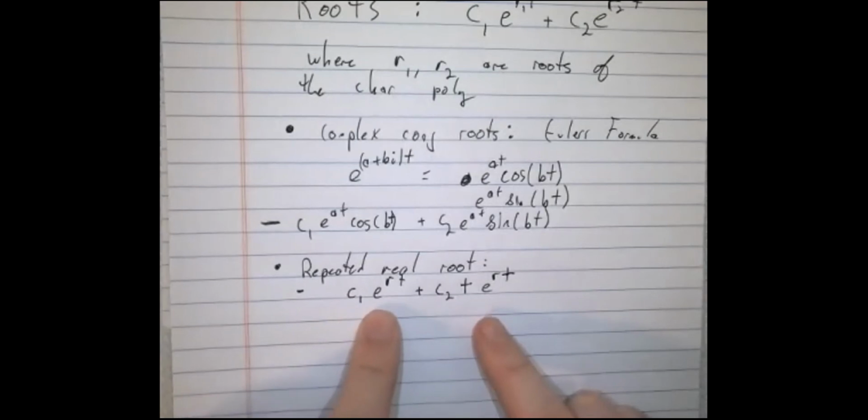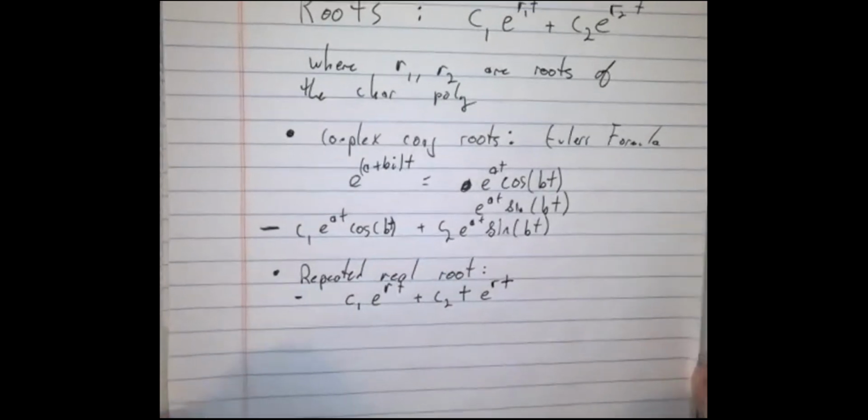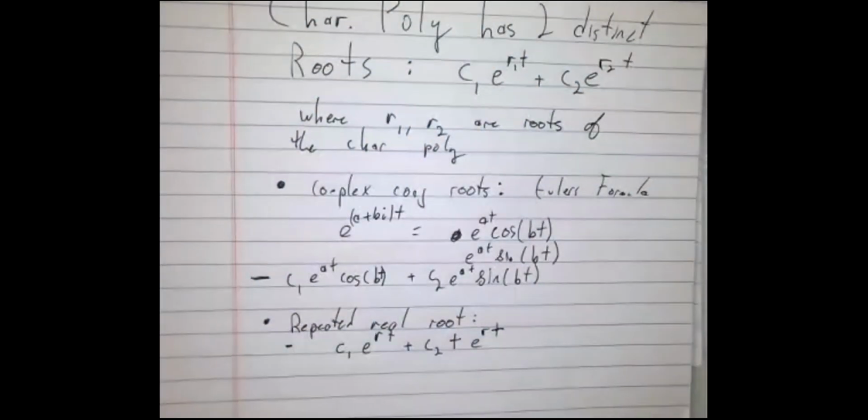So c1 e to the rt plus c2 t e to the rt. These three general solutions to second-order homogeneous linear differential equations are things you should be very familiar with, and probably memorize, though you're kind of forced to memorize them just by using them so often on the homework.